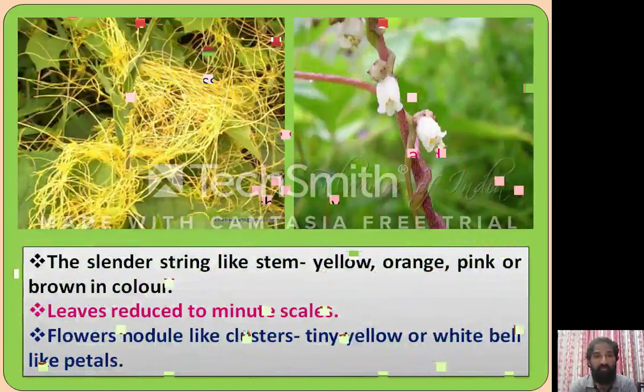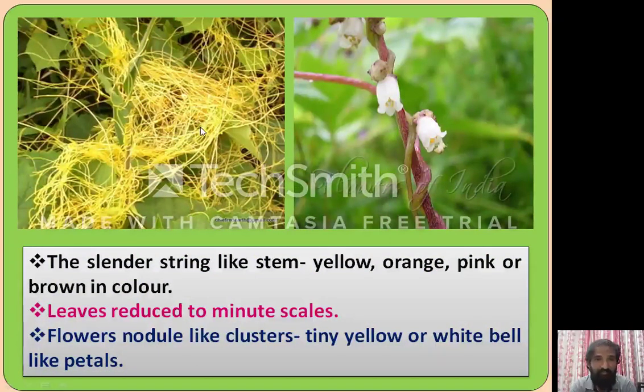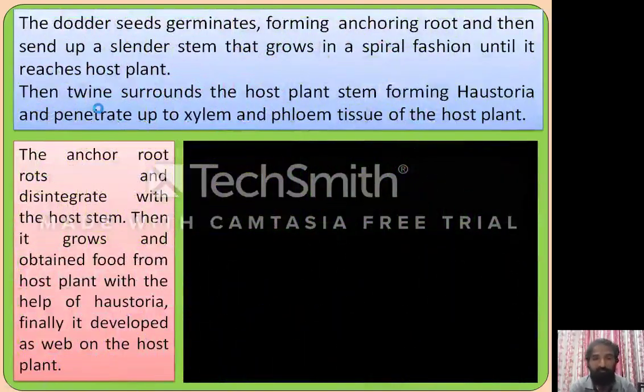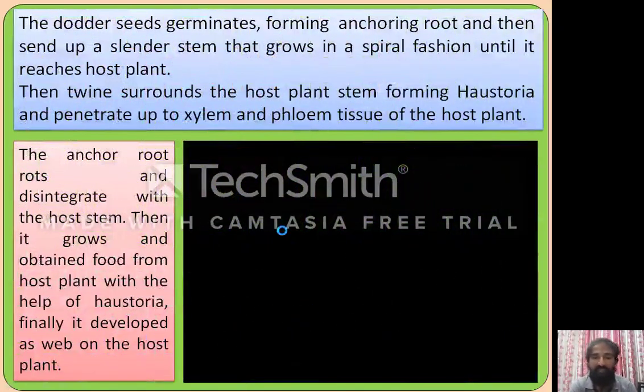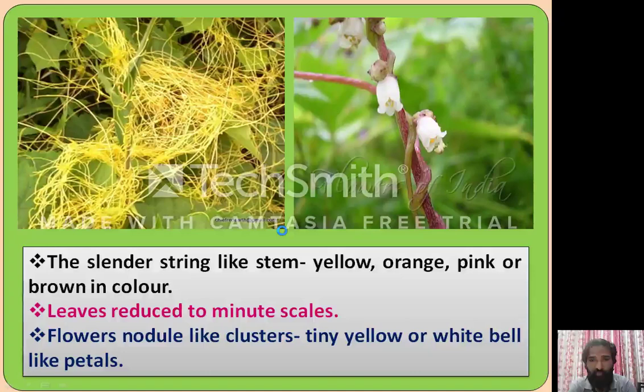You see in this picture the yellow-colored twining Cuscuta plant is present. These are the flowers. The slender string-like stem is mainly yellow in color, though in some plants it also shows orange, pink or brown.